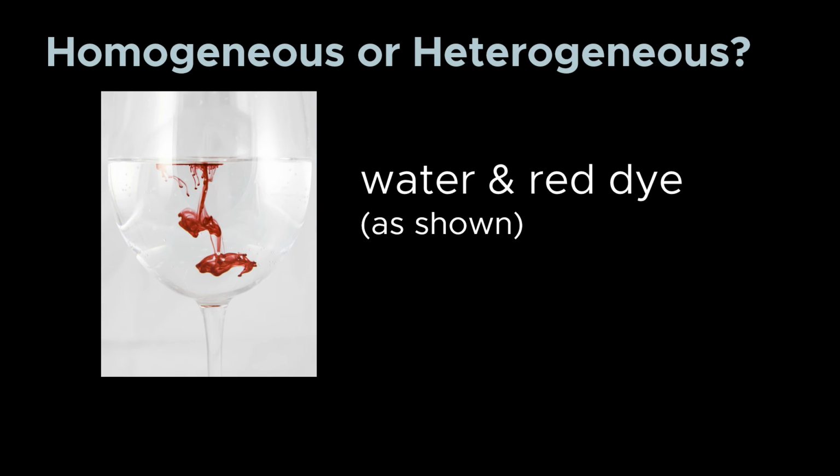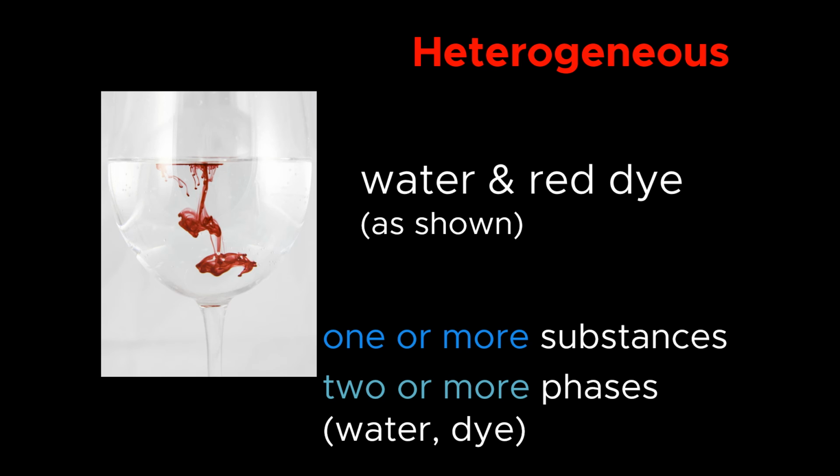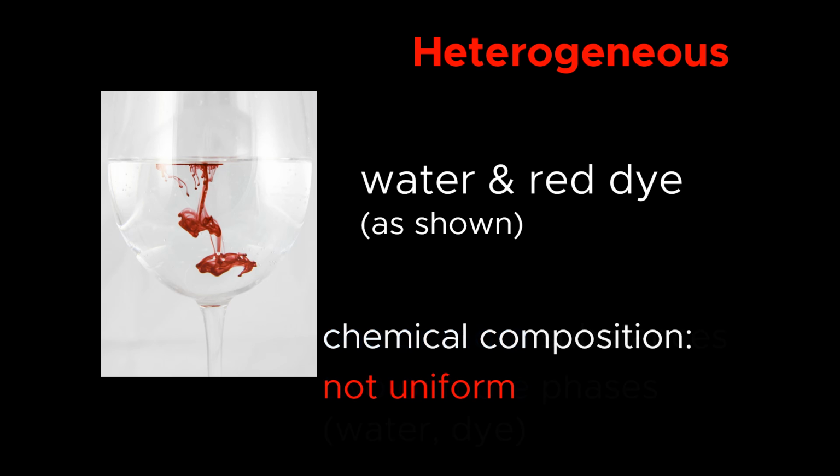How about this sample of water and a red dye, as shown in the image? This one is heterogeneous. There is more than one substance, and there are two or more phases. If we simplify this example and ignore mixing and dilution, we can see that the water is one liquid phase and the dye is another. The composition is not uniform.